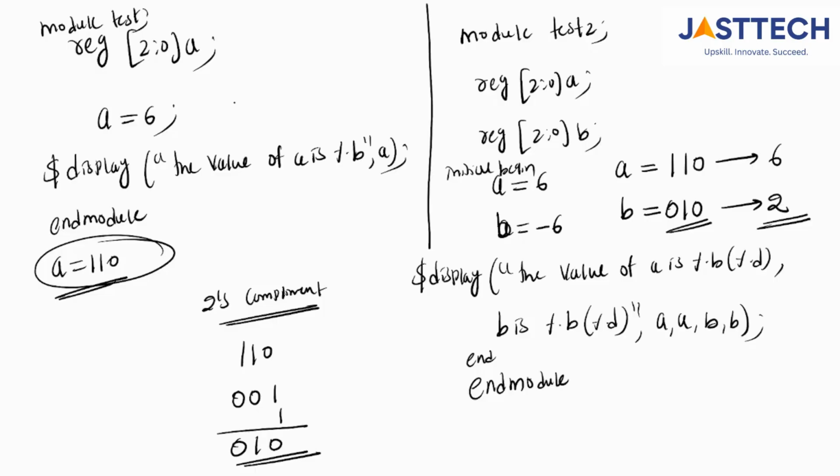From this you can conclude that in Verilog, if we want to store negative numbers inside the reg data type, it will be converted into 2's complement form. And why 2's complement form? Because it has only one representation for 0. And the conclusion you can write: reg and net data types. In net you are basically using the wire data type.